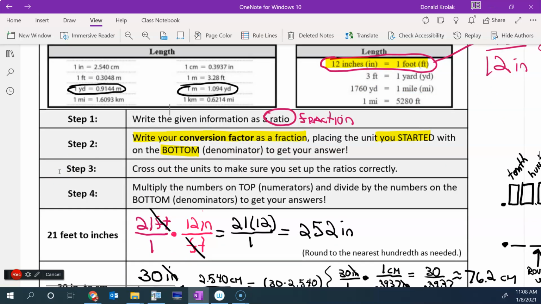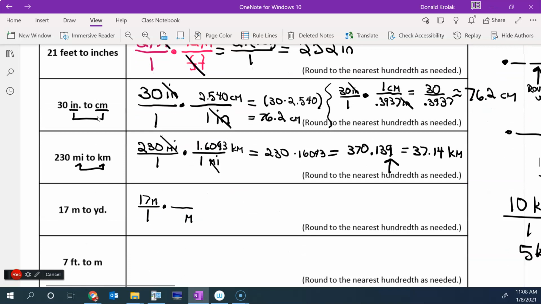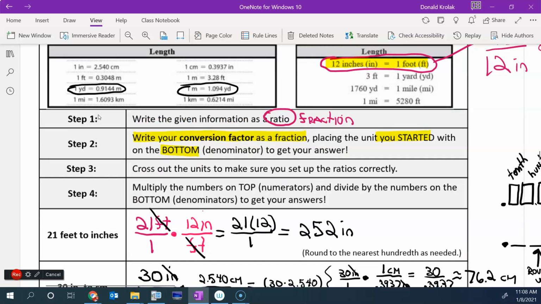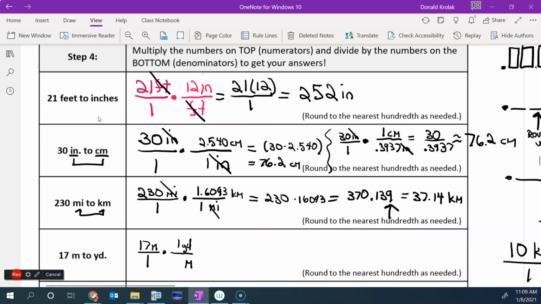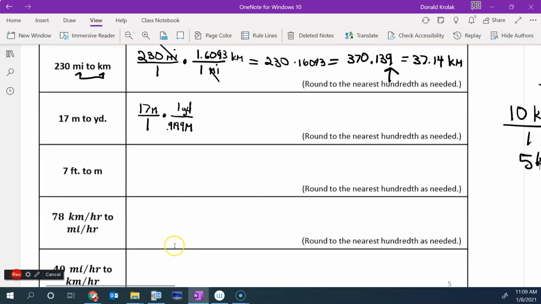Again, it wouldn't matter as long as you put these numbers in the correct space. So we're going yards to meters. I can put 1 yard, and then I would put this decimal in the denominator. 91.44.